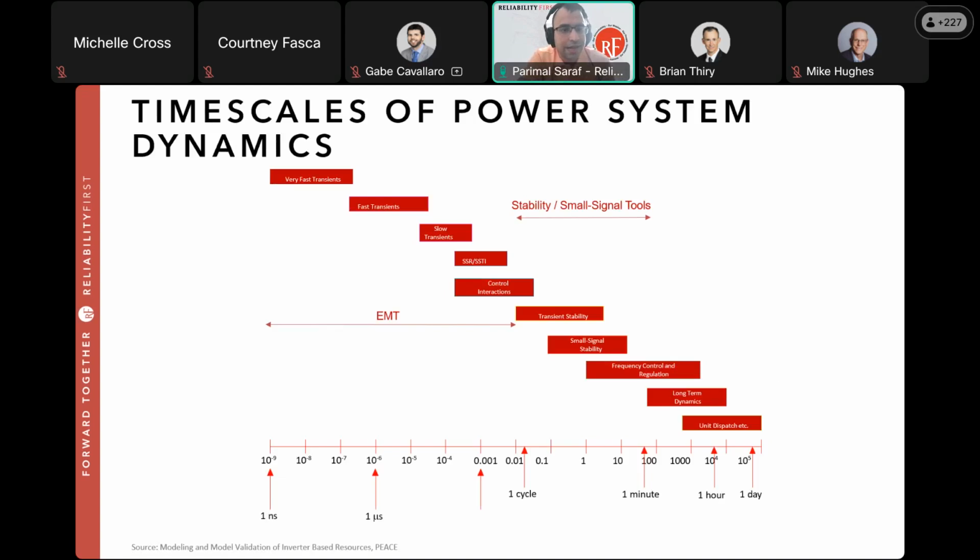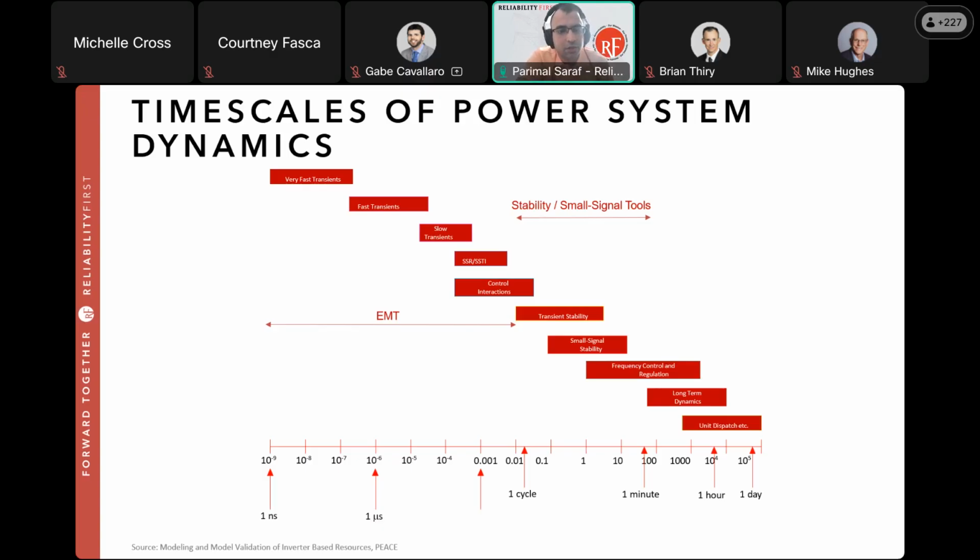So this is a slide that just briefly shows what time scales we are looking at in terms of phenomena and what tools are suitable for those time scales. As is evident from the slide, EMT is suitable for observing or analyzing extremely fast transients, which in some cases happen as a result of control interactions, or in weak grid conditions.